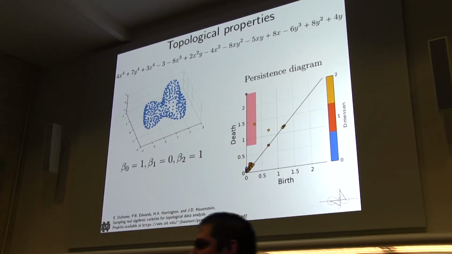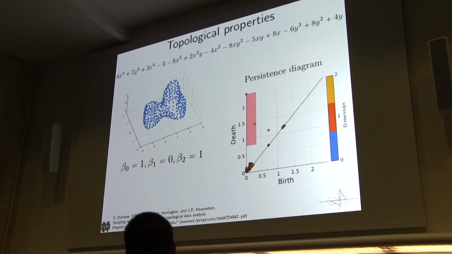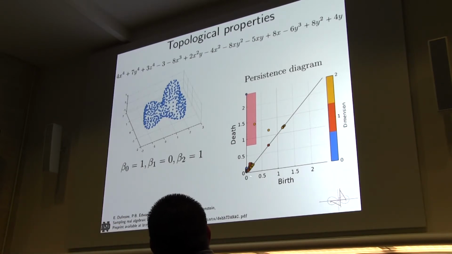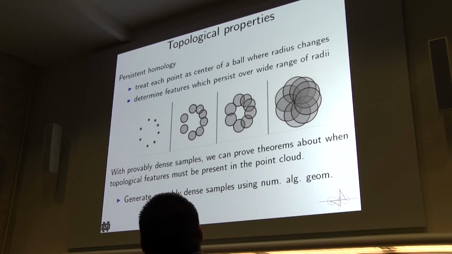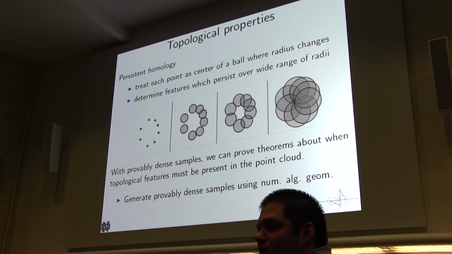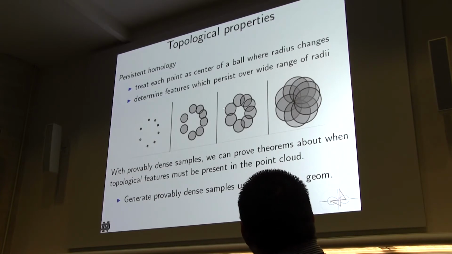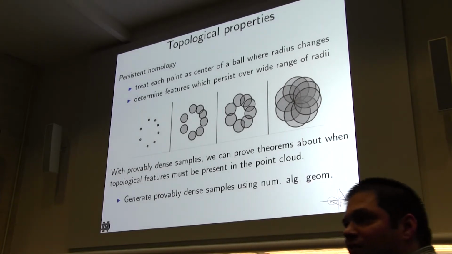If it's outside of that region, we don't know. The way this works is you have a birth and a death: when did a feature show up and when did it die? At this point, you see you have a loop, and then here the loop is contractible. So it was born somewhere before here and it died somewhere over there.